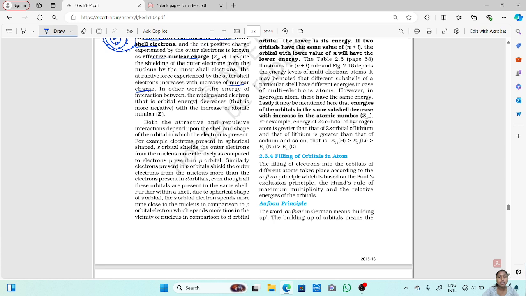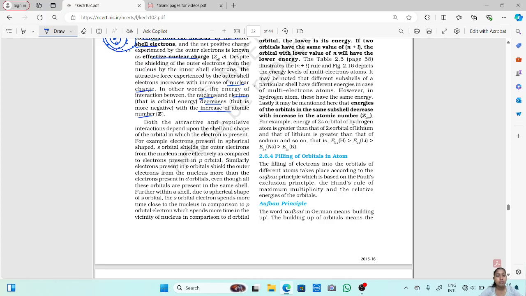In other words, the energy of interaction between the nucleus and electrons decreases with increase in the atomic number. As the atomic number increases, the shells will also increase, right? As the shells increase, the electrons will move further and further away from the nucleus. So it will decrease with the increase in the atomic number.